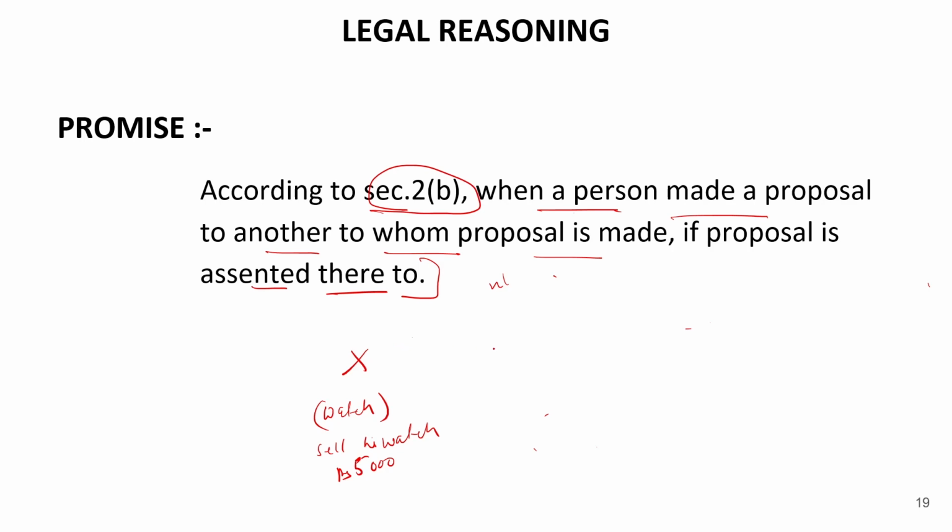But he has not conveyed it to Y. Although he is willing to sell it, he has not conveyed it to Y. He has just made up his mind that he is going to sell his watch.